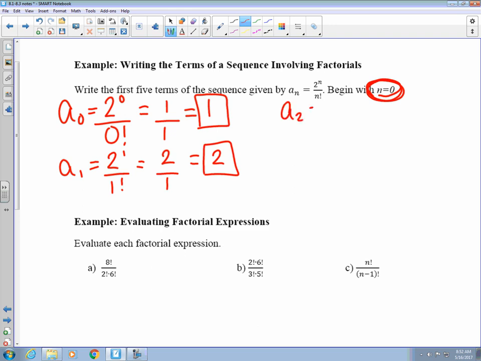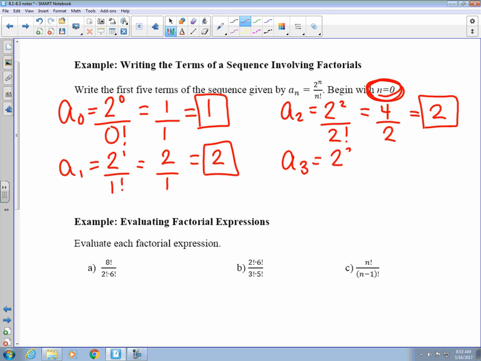A sub 2 is 2 to the 2nd over 2 factorial, 4 over 2. That one's also 2. A sub 3, 2 to the 3rd over 3 factorial. This is 8 over 6.